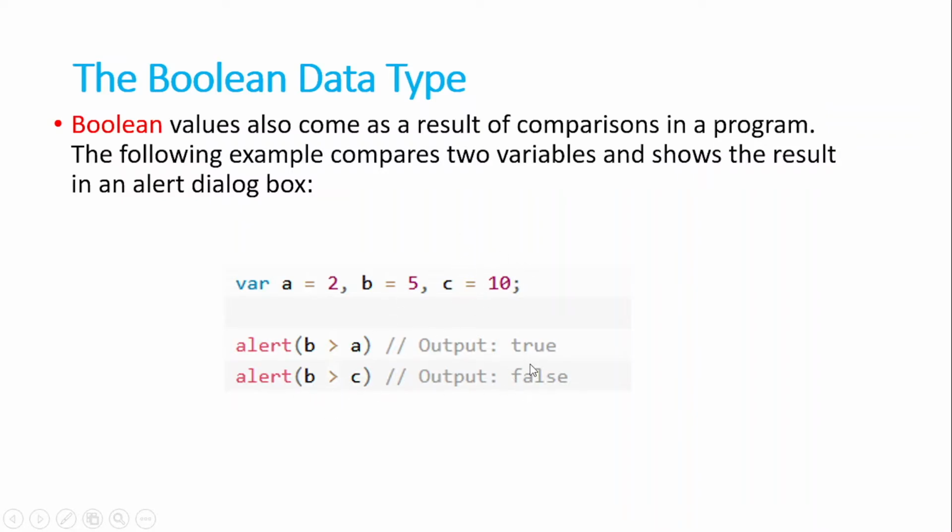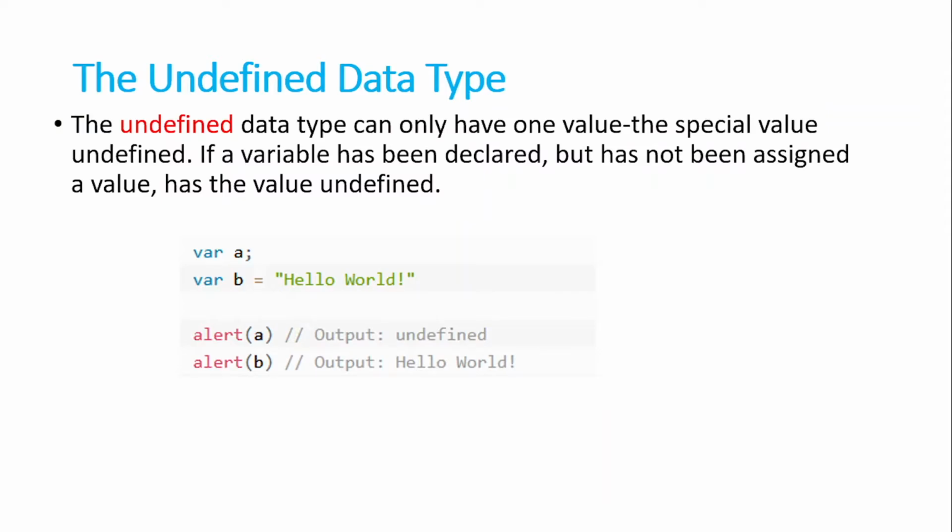So it is returning us false. So in this case also we are actually using Boolean data types. So this is also one way when you want to compare your variables. At that time you will also be using this data type, or the result will be in this Boolean data type.